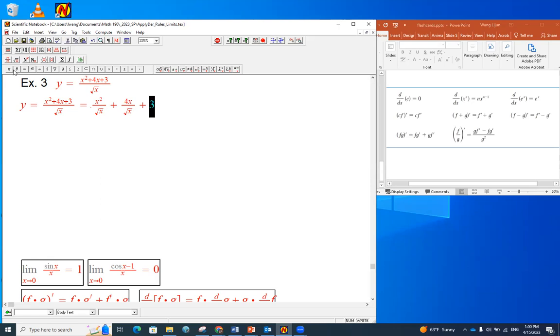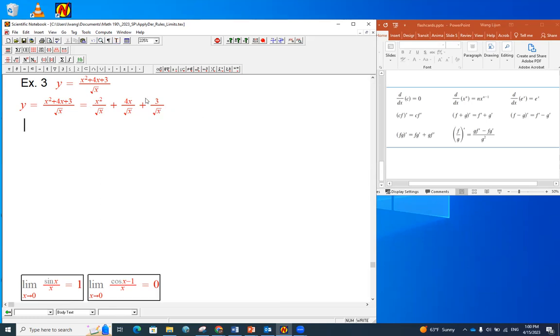Then you reduce each individual term. This is x raised to the power of half, and this is of course x raised to the power of half.